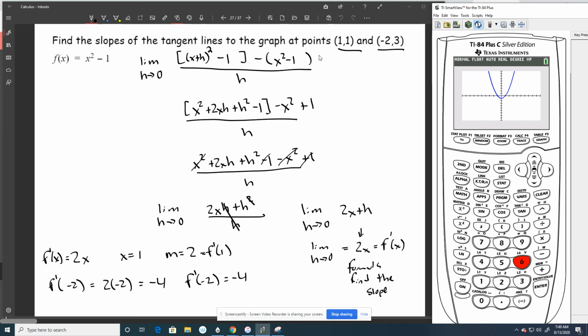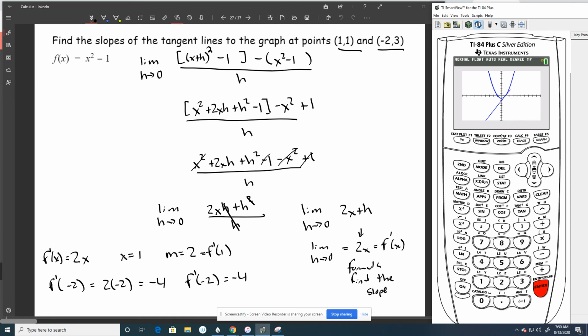So the way that I can check that is let's just draw the tangent lines and see what the slope is. So remember, to draw the tangent line, I do second draw, and I want to draw a tangent line, 5. And my first tangent line I want to be at x is equal to 1.